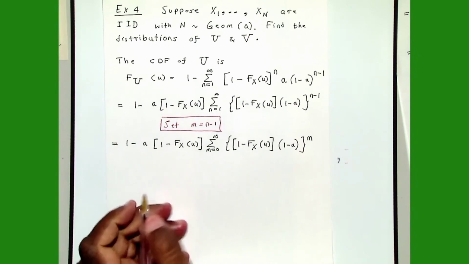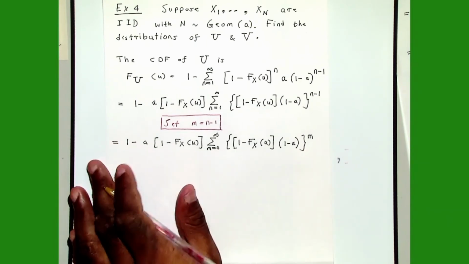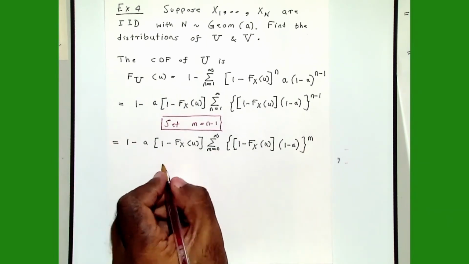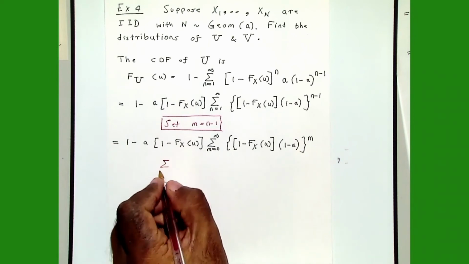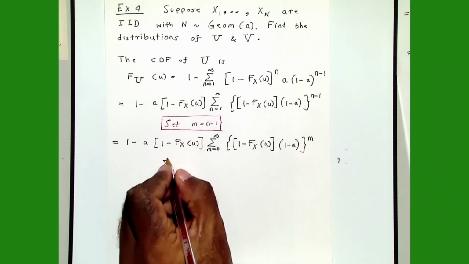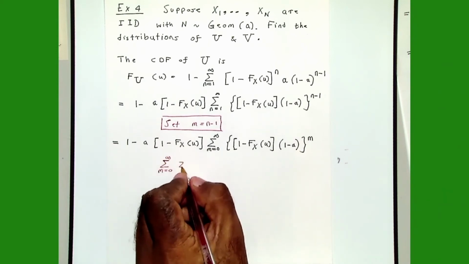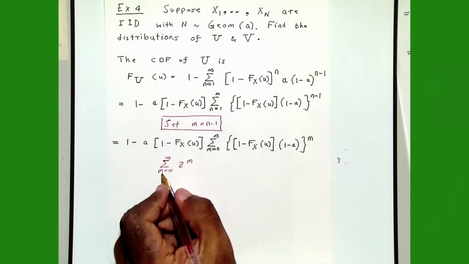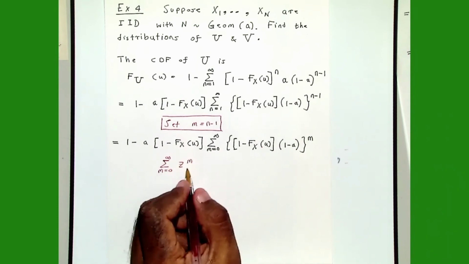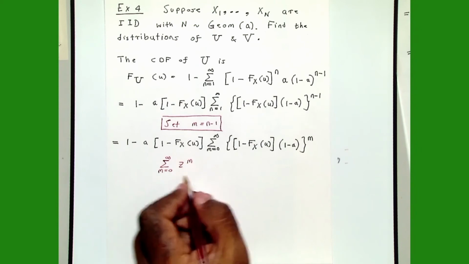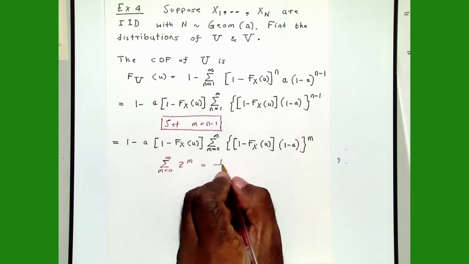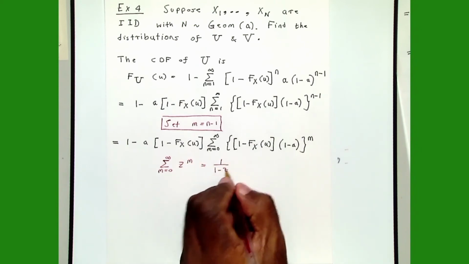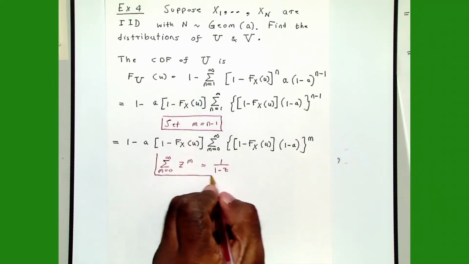If you don't know this, I will write it down. This is known as the geometric series: the sum from 0 to infinity of z to the power m is equal to 1 divided by 1 minus z.